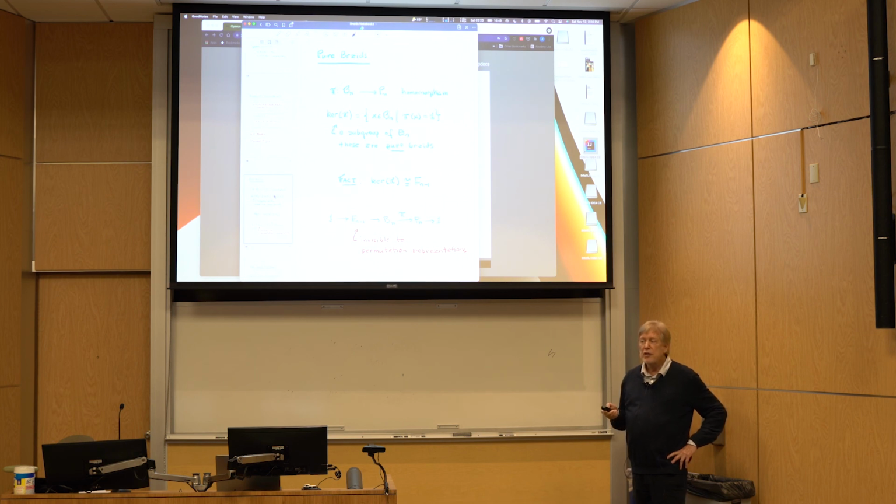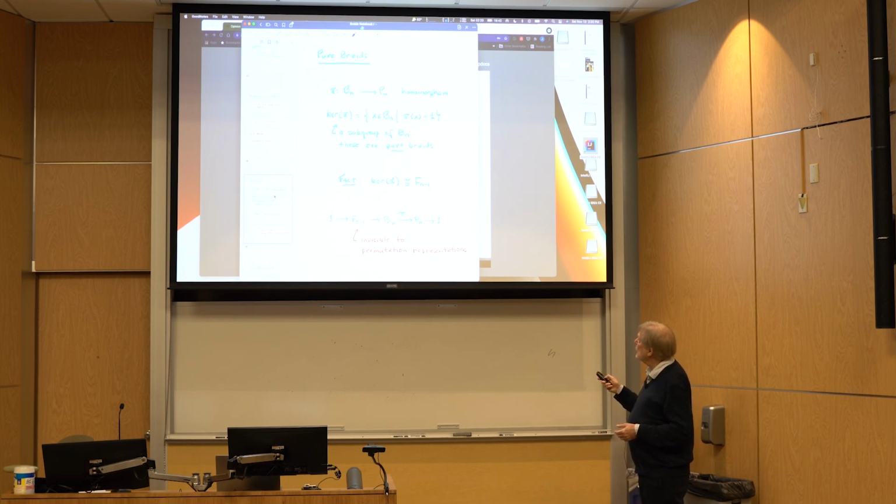The kernel is the set of group elements that get sent to the identity. And a little exercise that you should all do if you've never done it before is to show that that set of elements actually is a group. And the main thing you have to show is that if you have 2 elements in the kernel, say let's call them x and x prime, then x times x prime is also in the kernel. So that's a great little exercise in what it means to be a homomorphism.